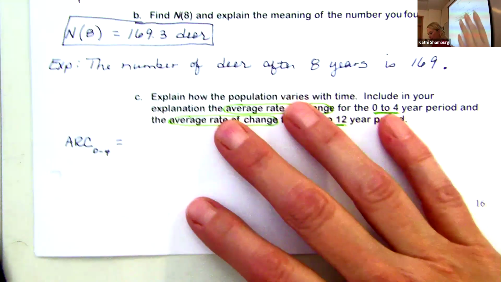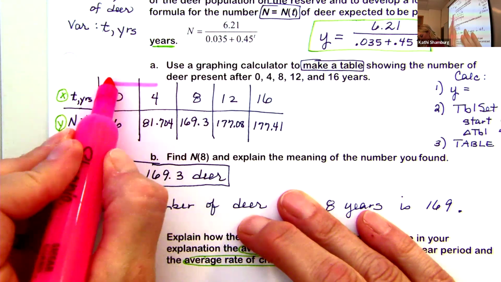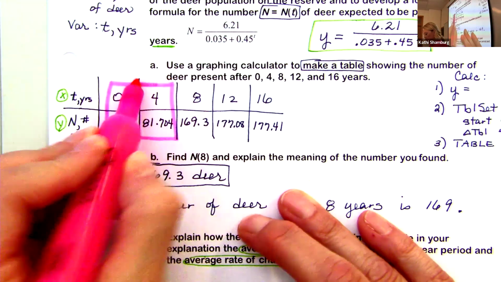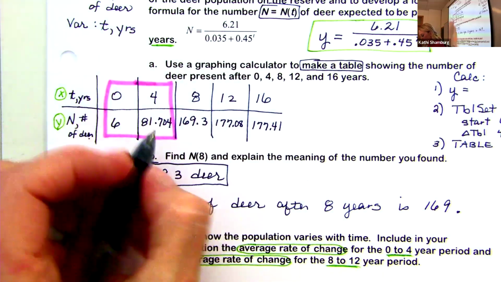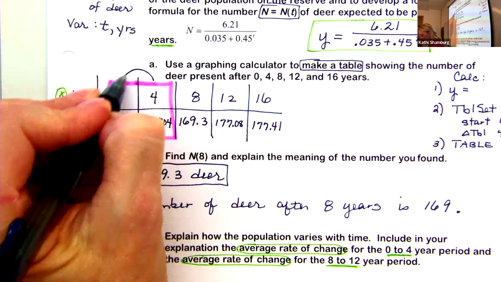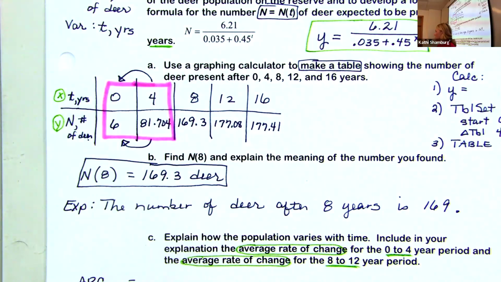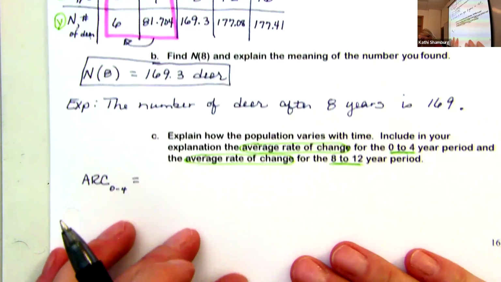All right, I'm going to come up here in my table, 0 to 4. So we're looking at these values right here. And remember, it's the change in function, and you always go backwards over the change in the variable. I still had a few that put the variable on top on this.